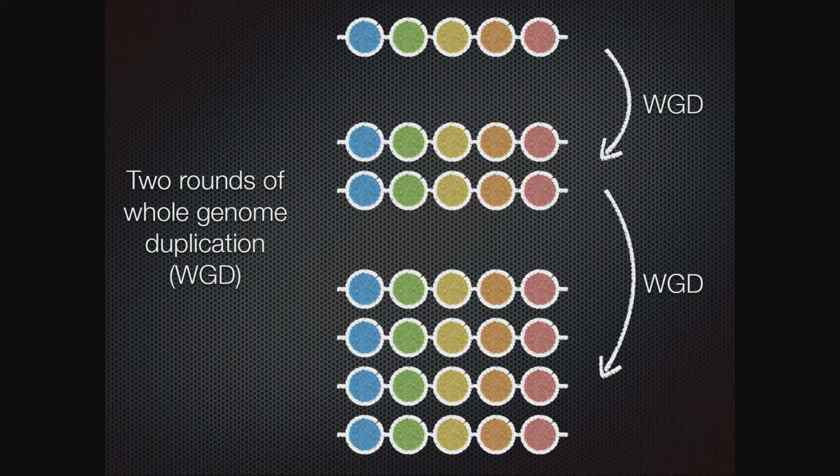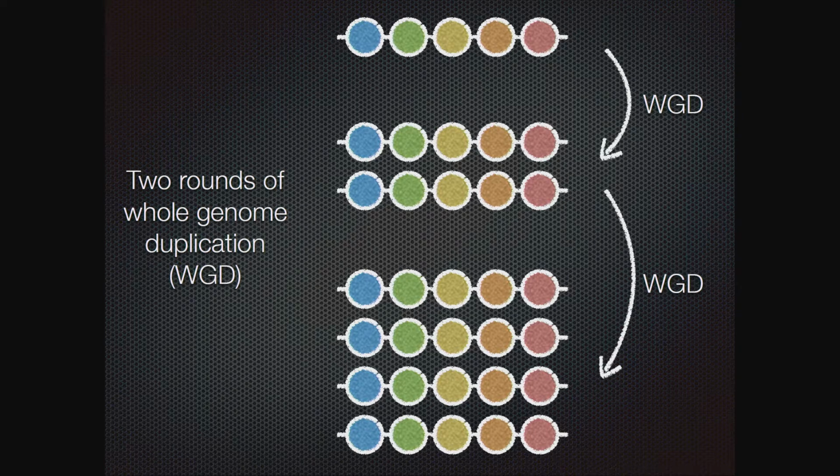This is what we think happened at the base of the vertebrate tree. And it created these huge numbers of genes in our genome, which seem to have perhaps created the conditions conducive to all this amazing evolution in terms of morphological and behavioral changes in vertebrates.